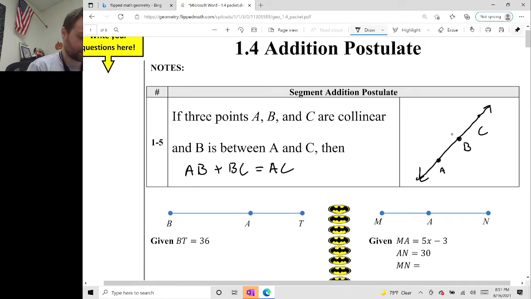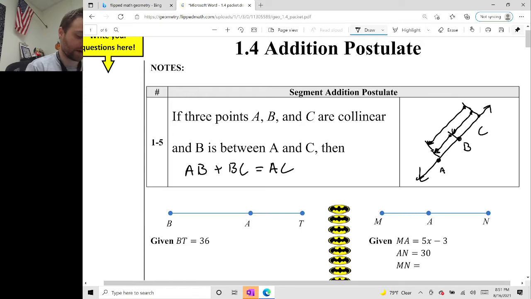Okay? So this distance plus this distance equals the entire distance.